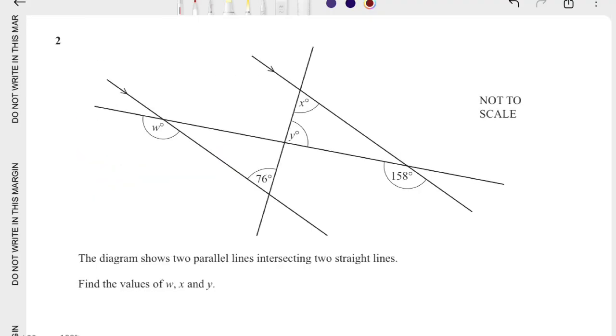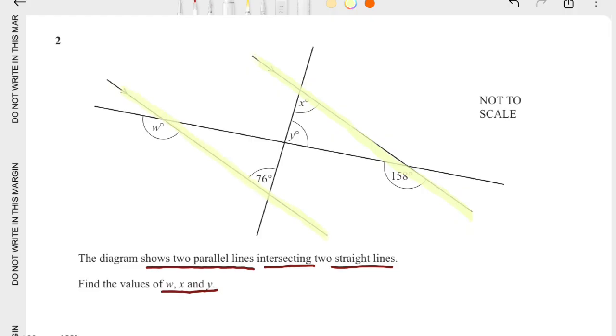Question number 2. The diagram shows two parallel lines intersecting two straight lines. Find the value of w, x and y. Student, just see there are two parallel lines. One is this one and other is this one. Just see this angle and this angle.